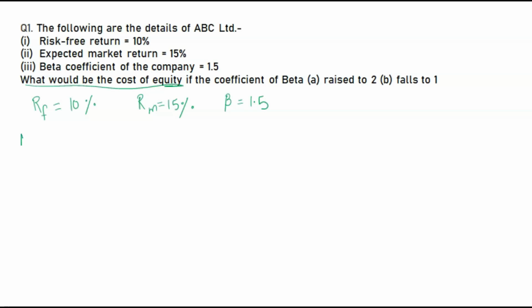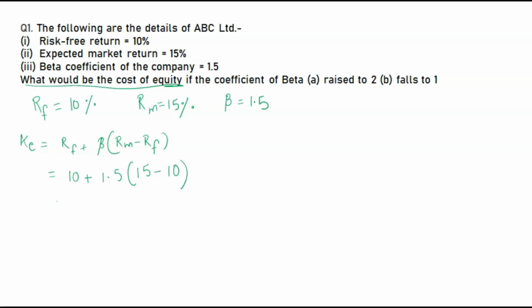So for the cost of equity, we have this formula. Cost of equity equals RF plus beta times (RM minus RF). Now RF is given as 10%, so we take 10, beta 1.5, then RM is 15, RF again 10%.